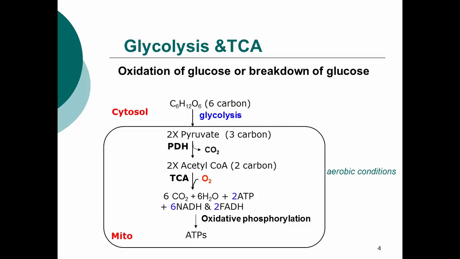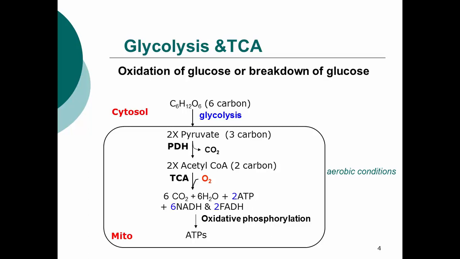But under aerobic conditions, it can be further oxidized inside the mitochondria, right? Pyruvate is converted to acetyl-CoA through the pyruvate dehydrogenase complex reaction, and acetyl-CoA is the first molecule that enters the TCA cycle for complete oxidation.